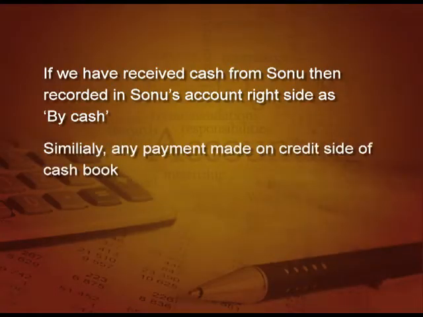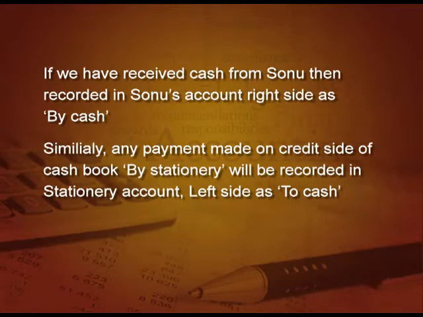Next, similarly, any payment made is on the credit side of the cash book. For example, if we are purchasing stationery, then we will write on the right hand side, credit side, by stationery, and this will be recorded in the stationery account on the left side, that is debit side, as to cash.